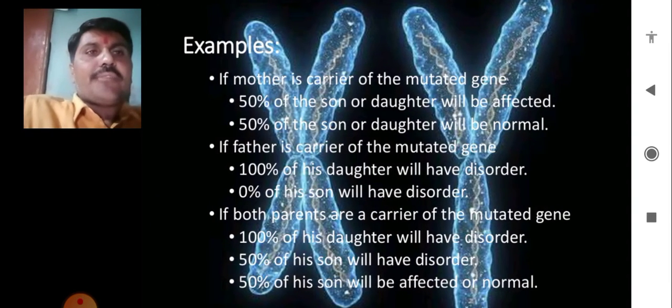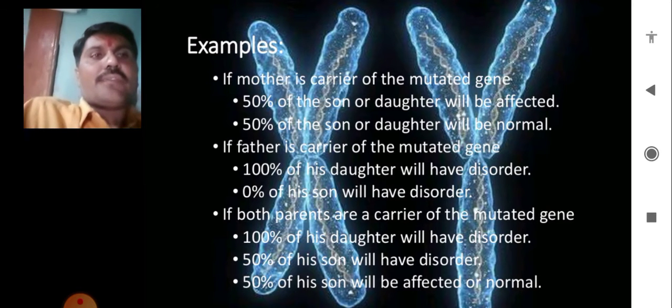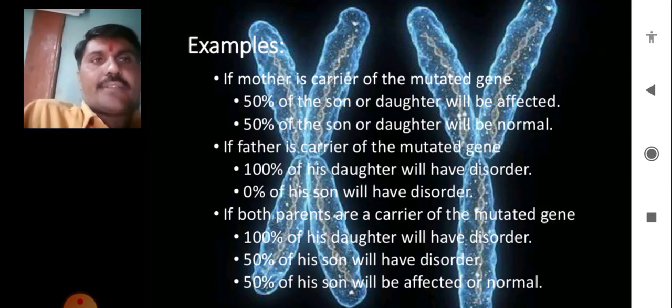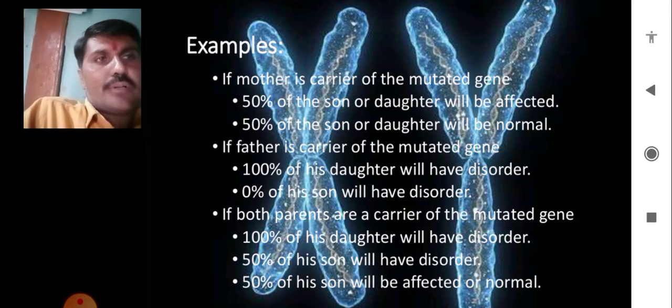For example, if a mother is a carrier of the mutated gene, 50% of the sons or daughters will be affected and 50% of the sons or daughters will be normal.